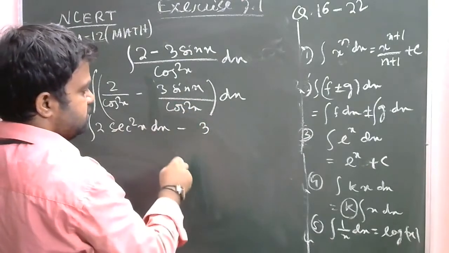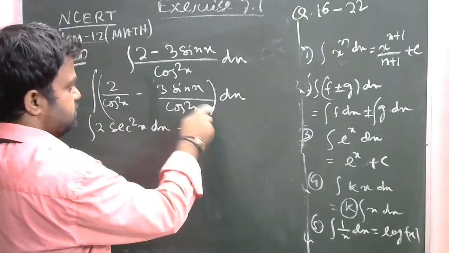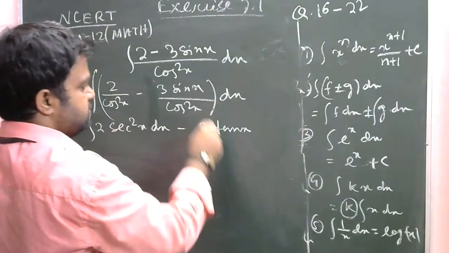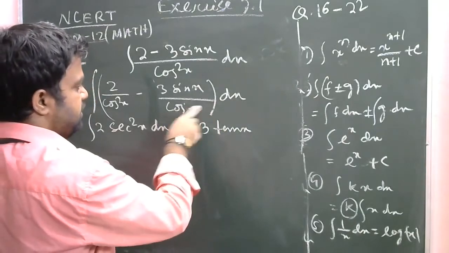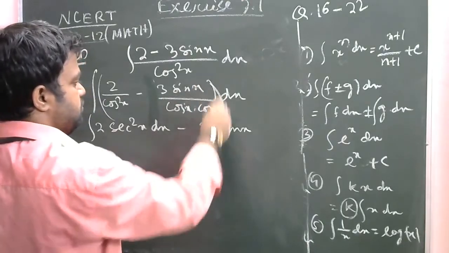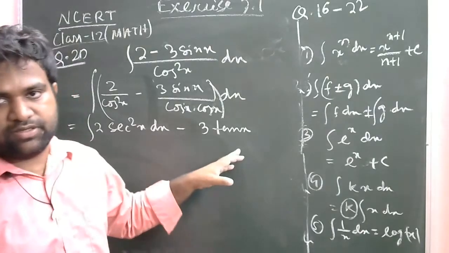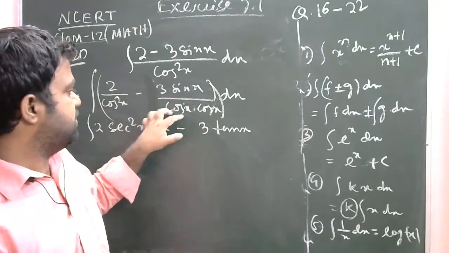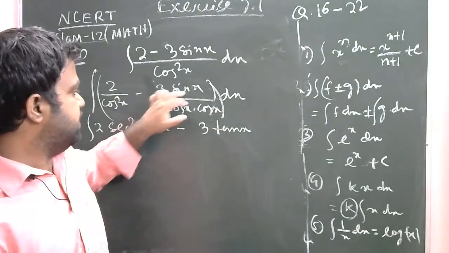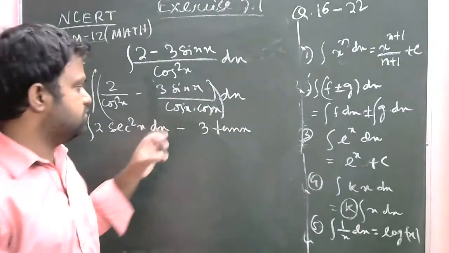For sin x by cos square x, I'll write cos square x as cos x into cos x. Then sin x by cos x will become tan x, and 1 upon cos x will be sec x.